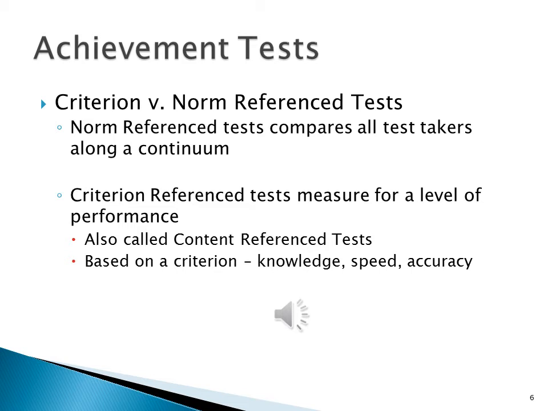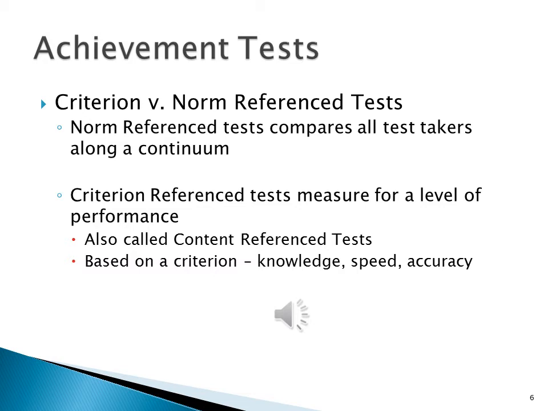Achievement tests can either be criterion referenced or norm referenced. Remember that a norm referenced test compares all test takers along the continuum. Remember that bell-shaped curve. The criterion referenced test measures for a level of performance. Sometimes they're called content referenced tests.